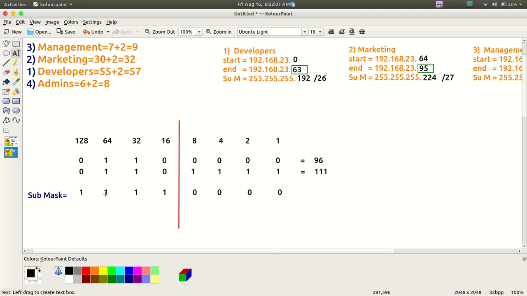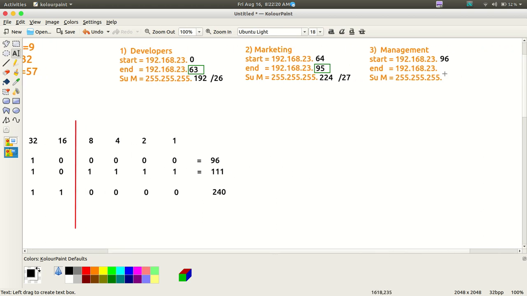The 4 bits on will conclude to 240, I think so. If you do this calculation, this should be 240. So your network starts on 96 and it ends on 111, and your subnet mask is going to be 240. In slash notation, it should be slash 28. Clear? So this is our calculation for management.